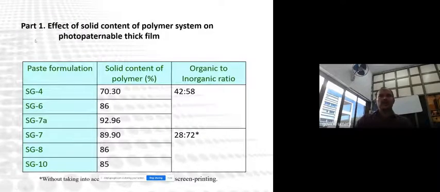So in the first part, we varied the solid content of the organic system, keeping two organic to inorganic ratios, that is 42 to 58 and 28 to 72.